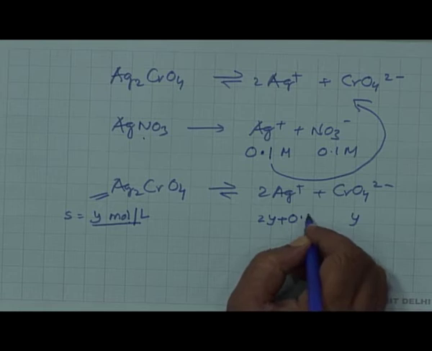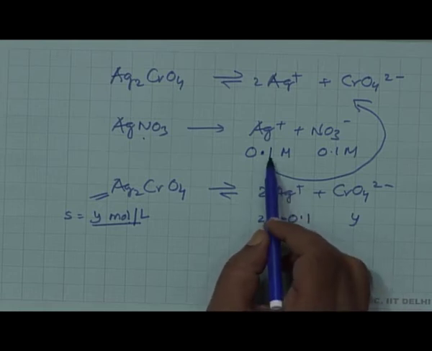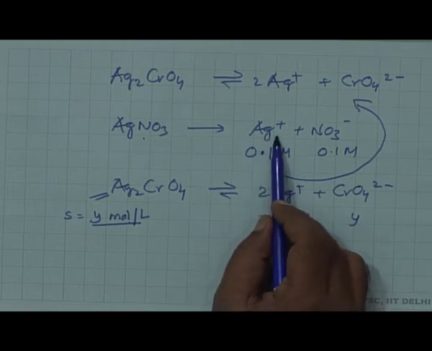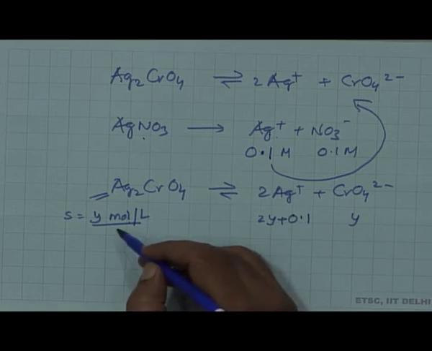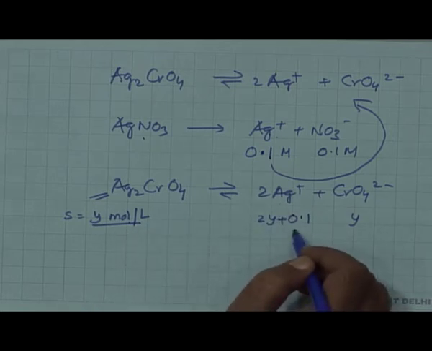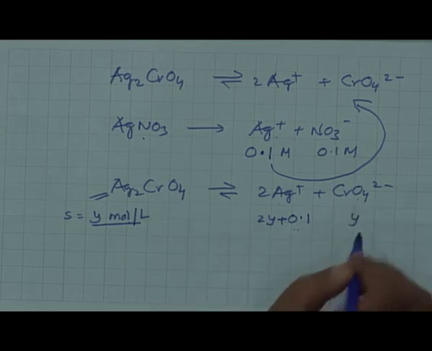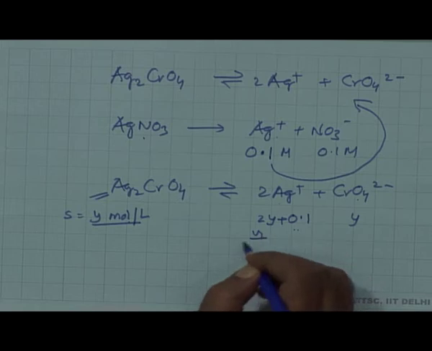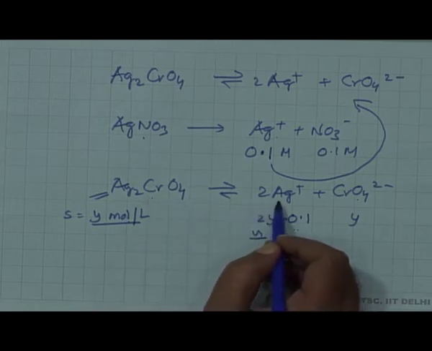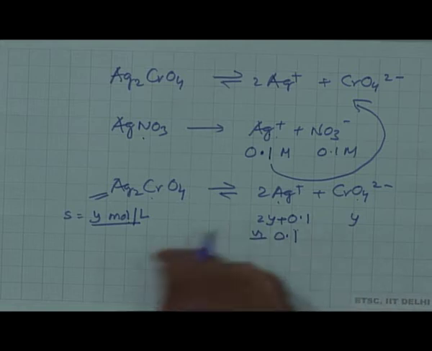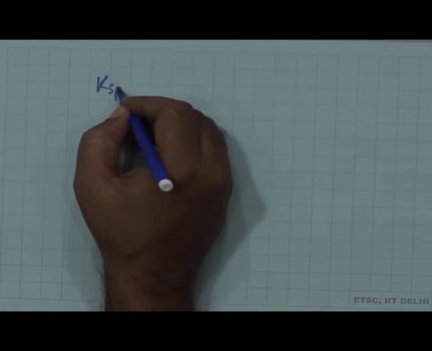Your Ag plus concentration will be equal to 0.1 molar from AgNO3 and 2Y mole per liter from your Ag2CrO4. But we know that since this is a sparingly soluble salt, Ag plus obtained will be very less, and so this is simply equal to 0.1.